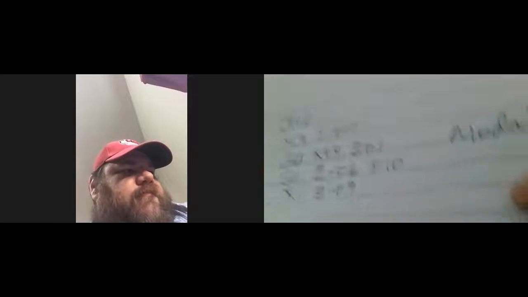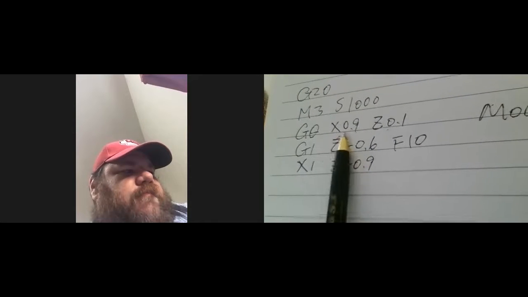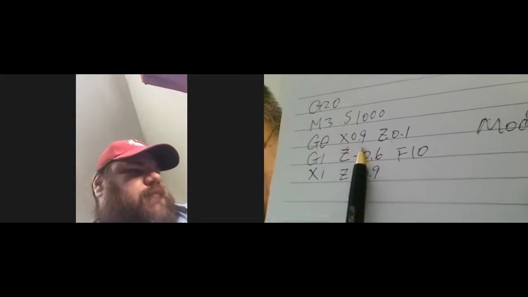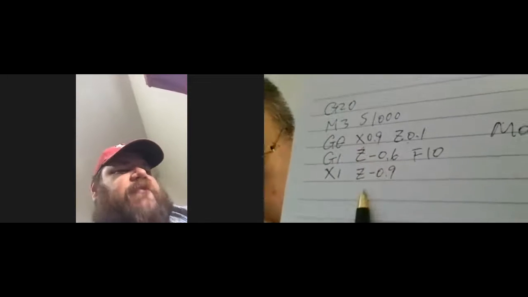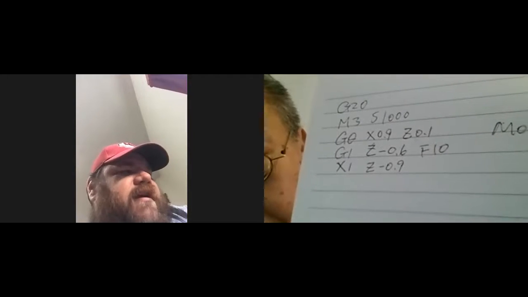We are at 0.9. You see that? X remains 0.9 unless you... Okay, we haven't even got it down to the 0.8 yet, have we? We haven't. Okay, I understand. So you made the cut.